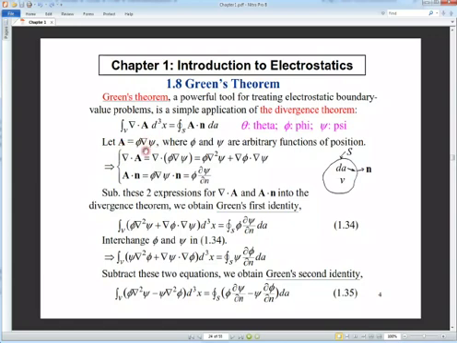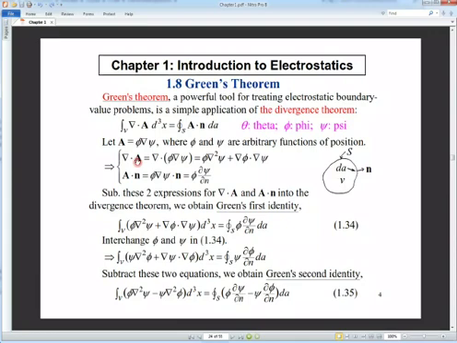This vector is an arbitrary vector, phi gradient of psi. So phi and psi are arbitrary scalar functions of position. Phi and psi just vary with the position or with the distance.